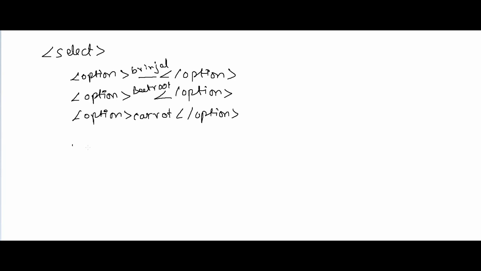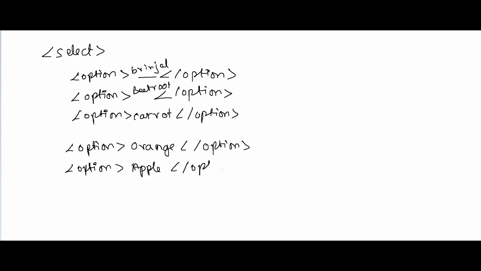Similarly we have the next set of options, which we have already seen, fruits, right? So for this, orange, then the next is apple, and the next option we have given before is banana.